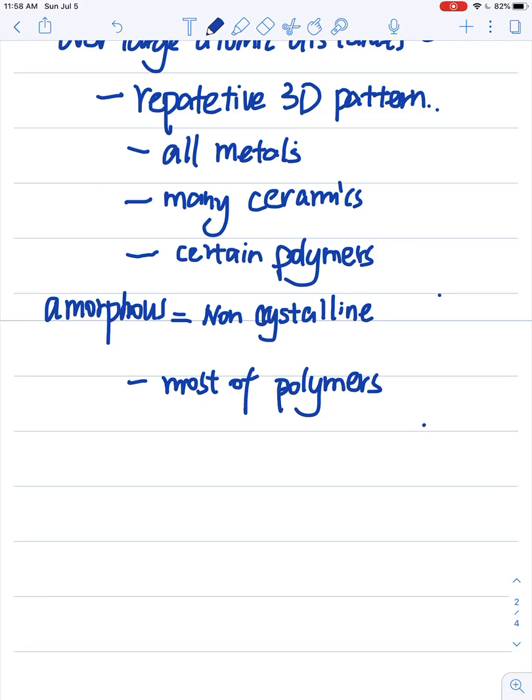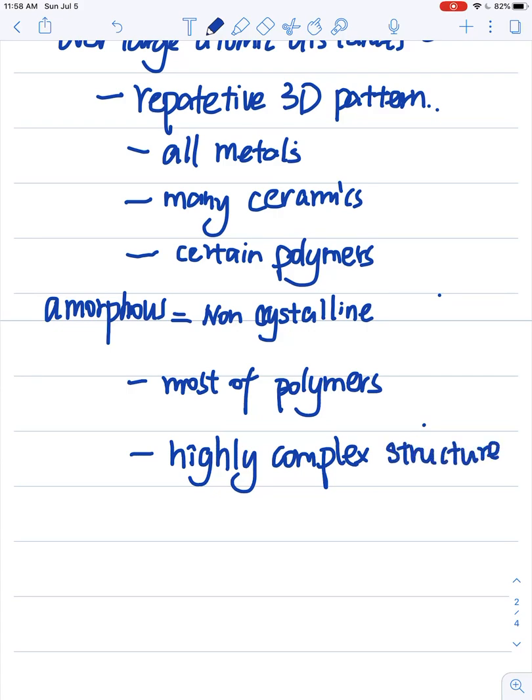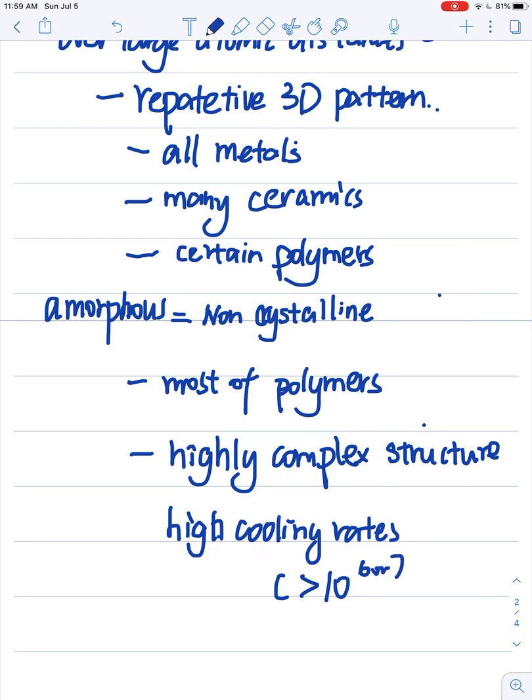When a material is amorphous, it could have very complex structures, and there's a very high cooling rate, usually greater than 10 to the 6 or 7 power Celsius per second for metals.